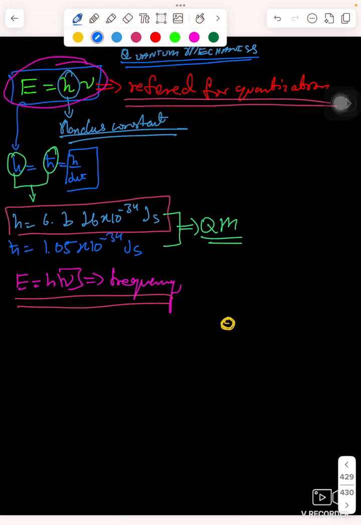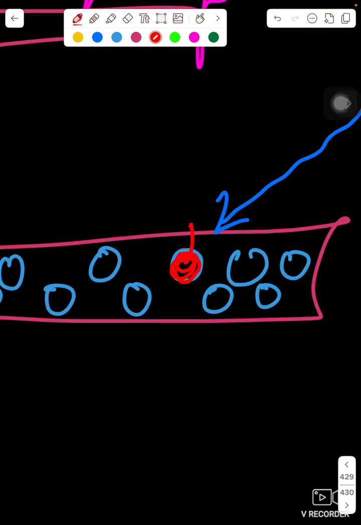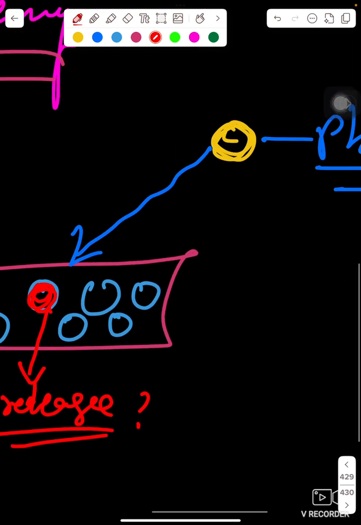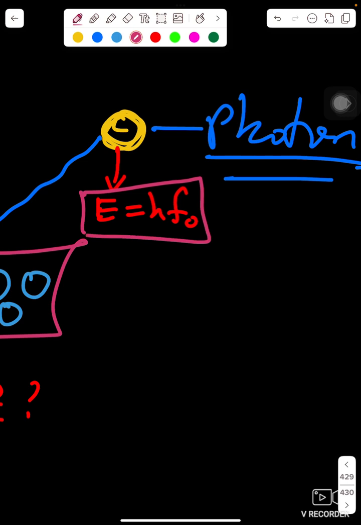Now if this photon comes down and hits a metal surface, this is about the photoelectric effect, but you don't have to worry about it in this video, so I'll just give an overview. When this photon hits this electron, for the electron to be released, it requires the photon to have a specific amount of energy, of a certain frequency.